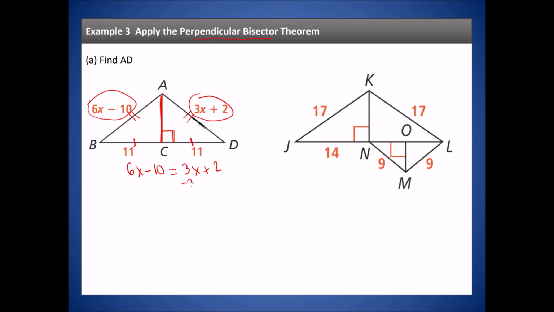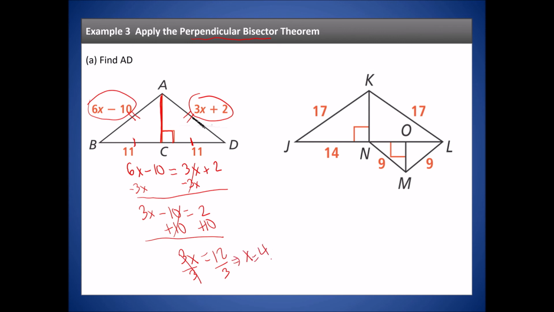So we're going to go ahead and subtract 3x on both sides. 6x minus 3x, we get 3x minus 10 equals positive 2. Go ahead and add 10 on both sides. So we had 3x equals 12, and then divide by 3. So x equals 4.